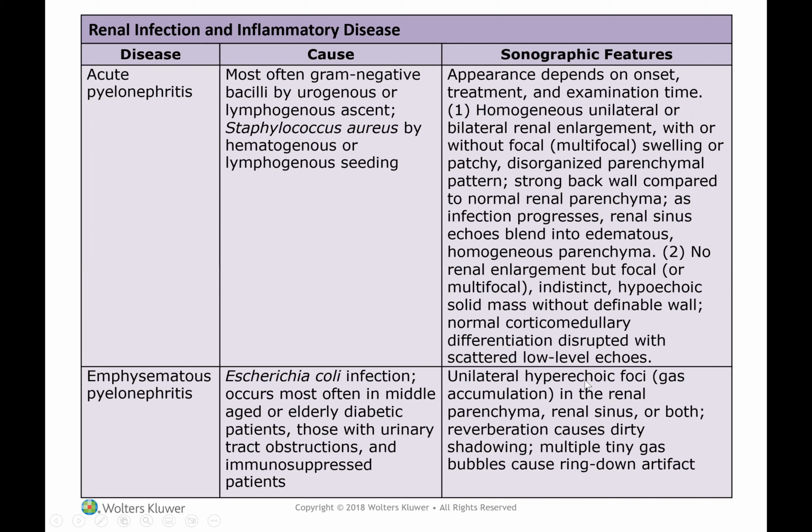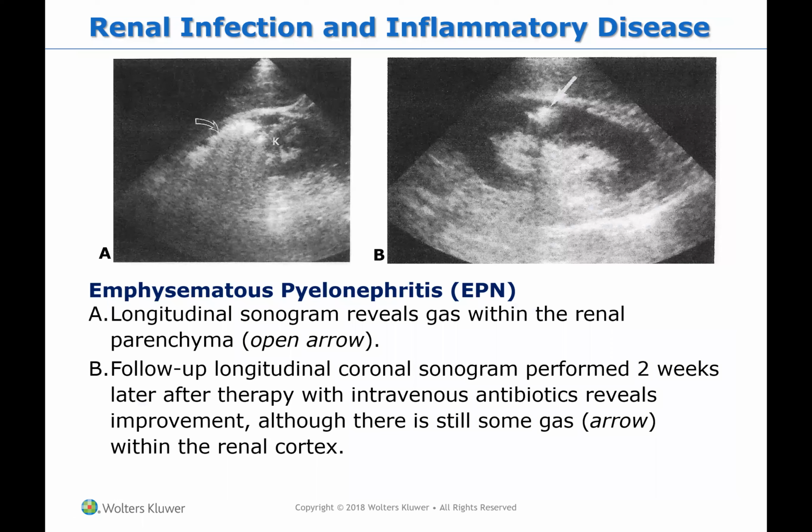With emphysematous pyelonephritis, it's going to be unilateral hyperechoic foci or gas accumulation in the renal parenchyma. This is gas, and you remember ultrasound can't see through it, so you're going to have dirty shadowing afterwards.